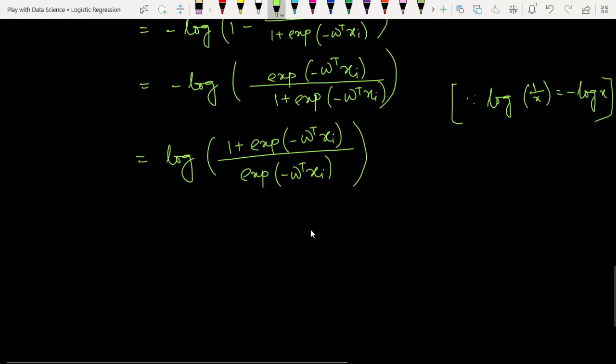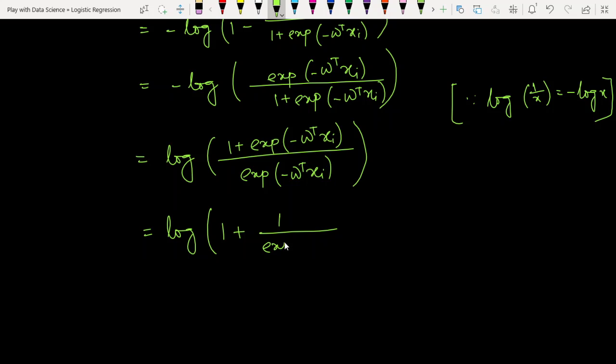Okay, so divide the numerator, simply simplify it. You can very easily divide these two terms, and we get 1 and 1 plus. Don't be confused that there are huge equations and a huge number of calculations. Just go step by step, then you can easily arrive at your target.